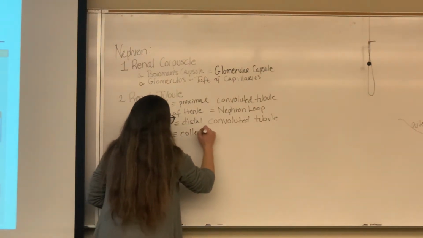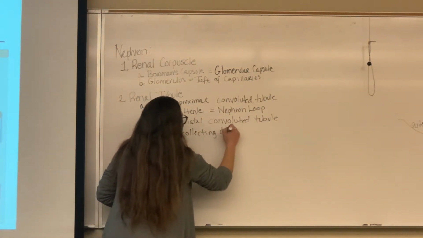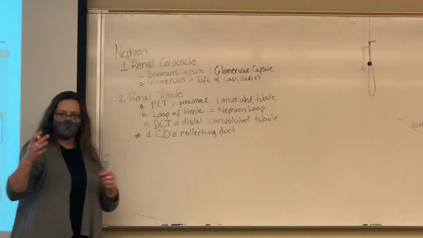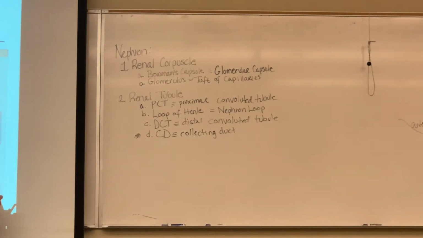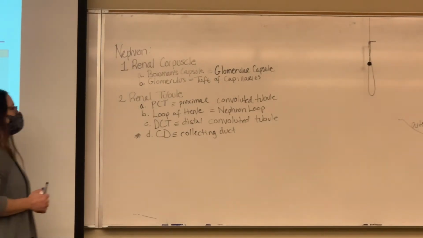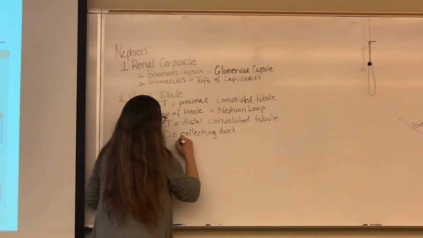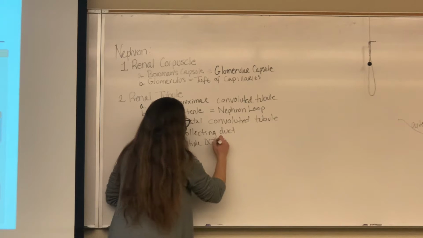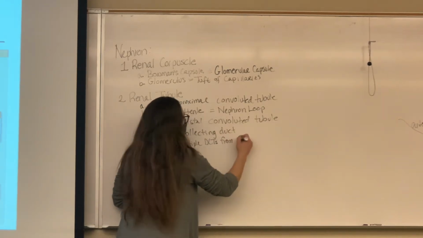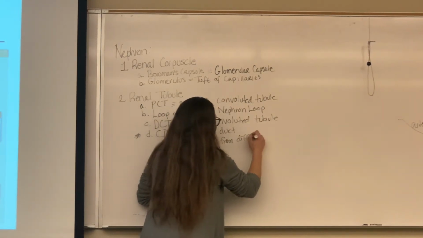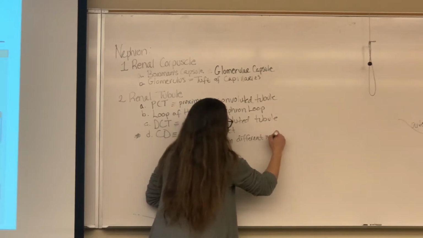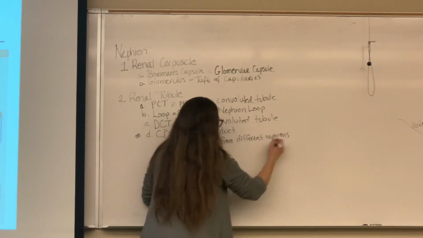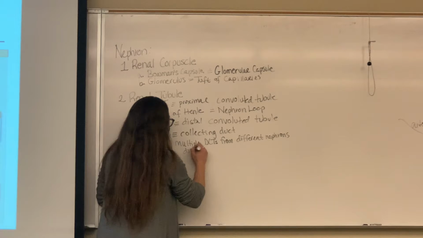The collecting duct. And the reason why it's technically, by some books, not part of the nephron is because you will have multiple DCTs from different nephrons draining into a collecting duct.